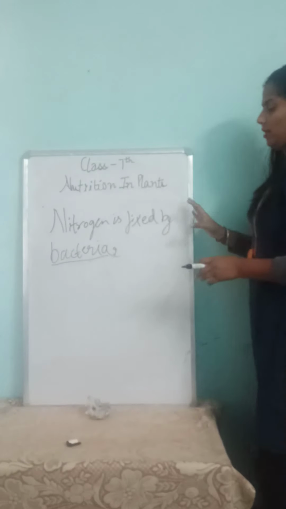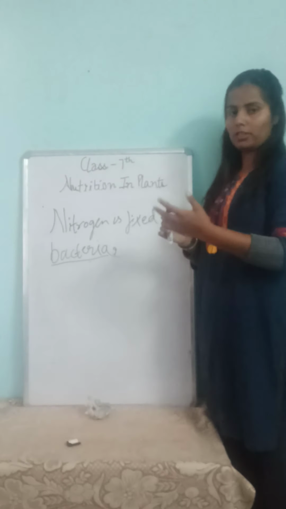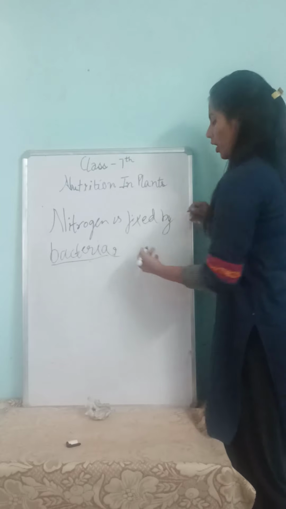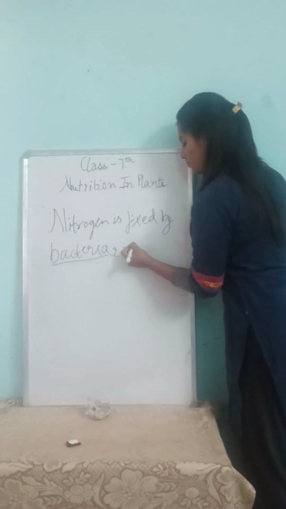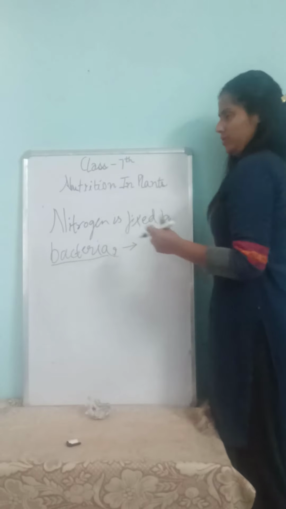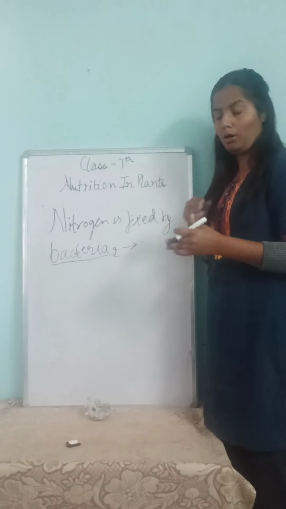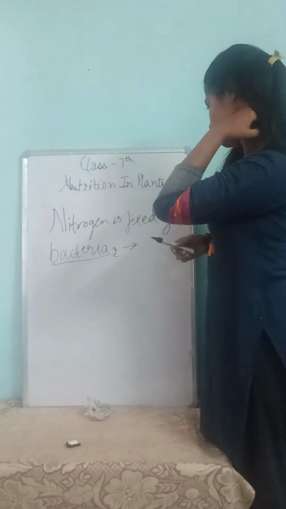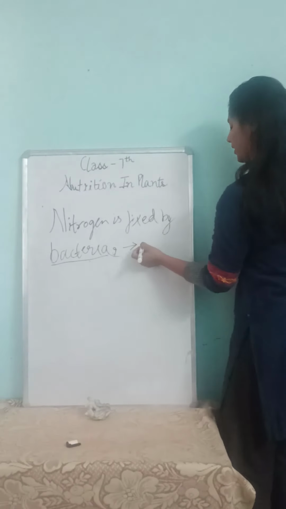Some bacteria will help the plant to get the nitrogen, and the bacteria itself convert the nitrogen into the simpler form, and the plant will take it. Okay class, so nitrogen is fixed by bacteria.